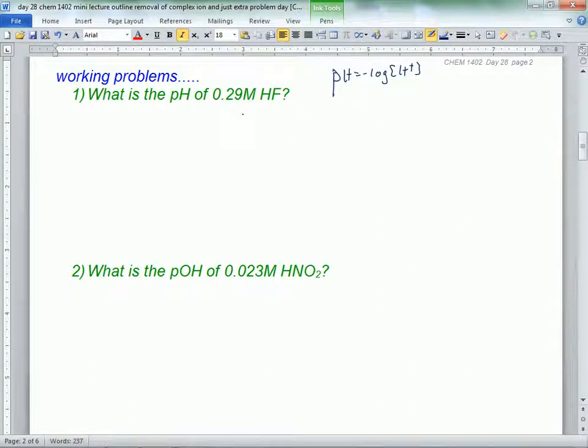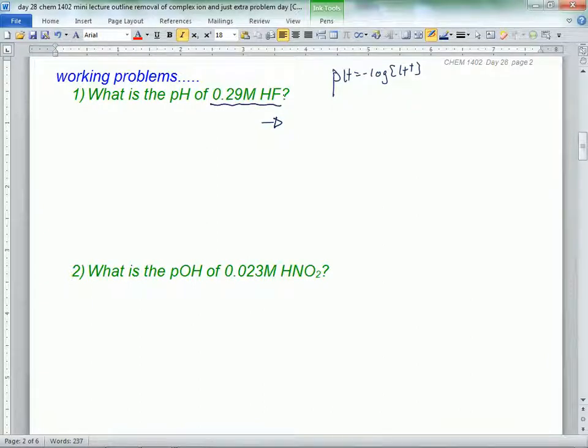Okay, so the question is 0.29 molar HF. We can work this first one together, and then we'll let you have at it. What reaction do I need to write? It all depends on what's there initially.